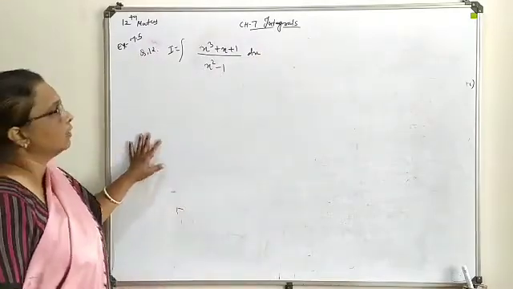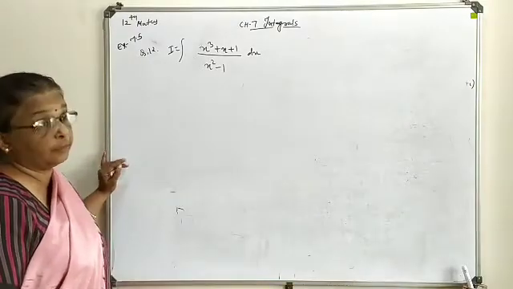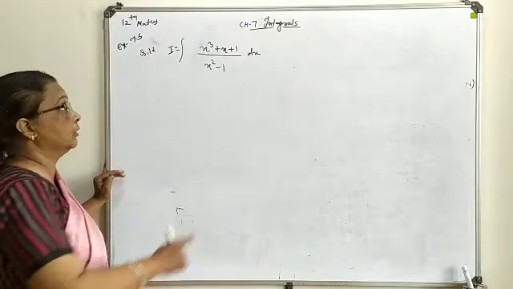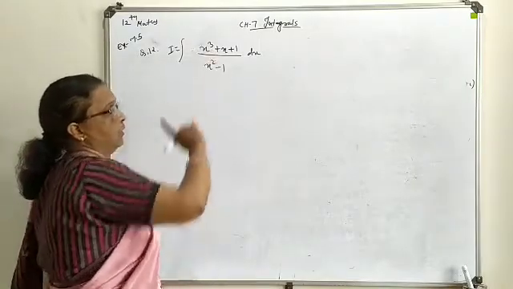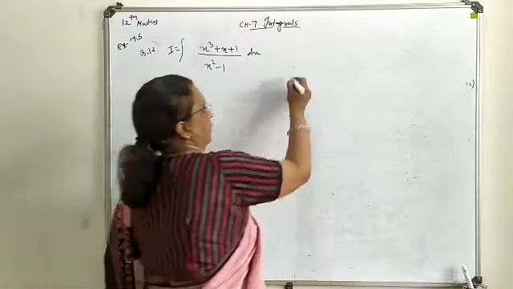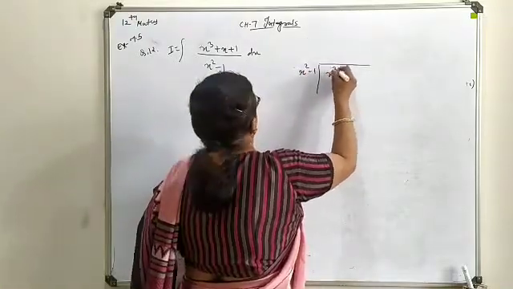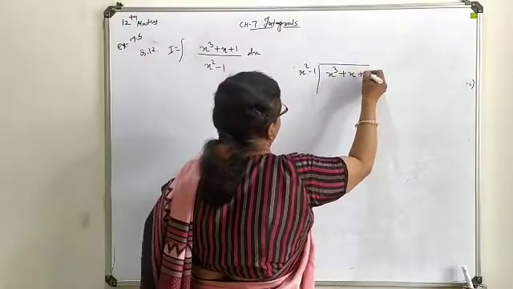Now this question is to be converted first in form of a proper form. It is available in an improper form because this is carrying x cube, this is carrying x square. So first of all make them divide. So x square minus 1, x cube plus x plus 1.